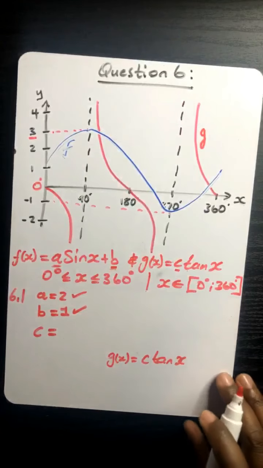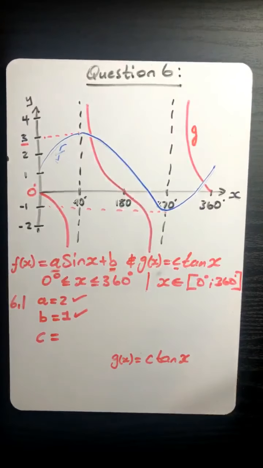Do you get the reason for my question, guys? Does it make sense to everyone? Yes, sir. Okay. So now, in that case, how can we find the C value, guys?